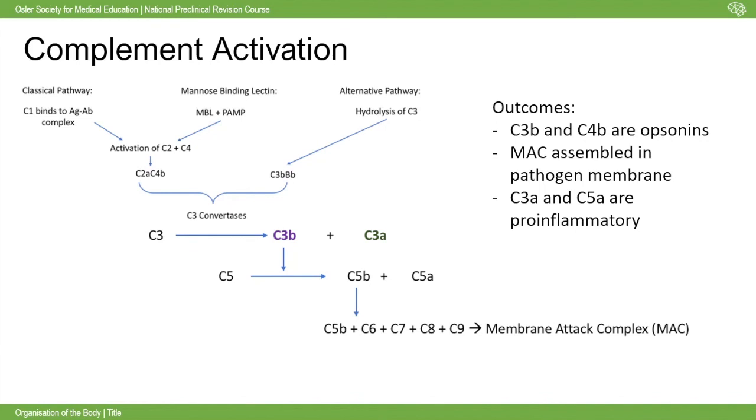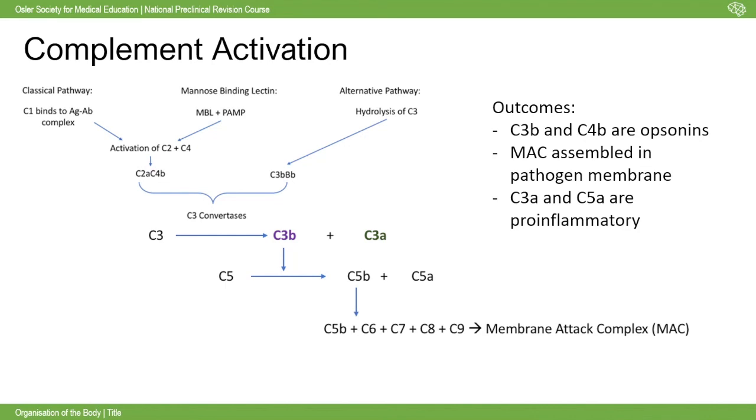And then C3a and C5a, the byproducts at the C3 stage and the C5 stage, are both pro-inflammatory, so those act to increase vasodilation, so that we get recruitment of immune cells and other inflammatory factors, so that we can really launch a full immune response against whichever pathogen has invaded.